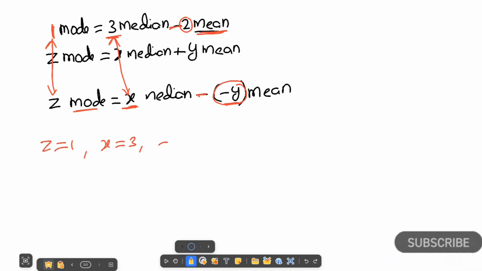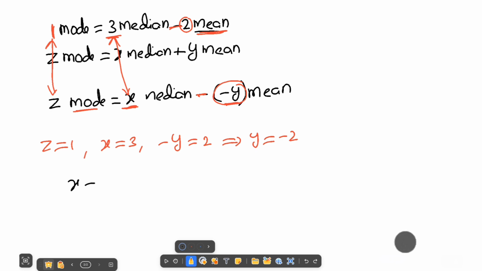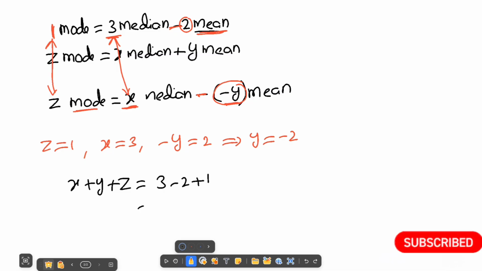That means minus y equals minus 2, which gives y equals 2 with the sign handled as minus 2. So we need to find x plus y plus z. X is 3, y is minus 2, z is 1. So 3 minus 2 is 1, plus 1 equals 2. So 2 is the right answer.